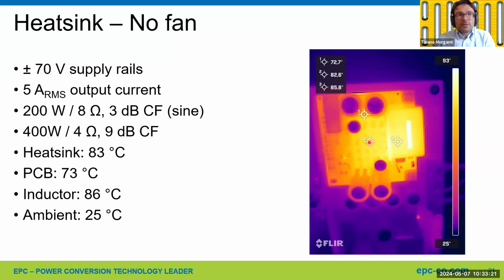The heatsink is 83 degrees, PCB is 73, and the inductor is 86 degrees. So basically, in this condition, the thermals are limited by the small size of the power module, and so by the resistance to ambient of the whole power module.